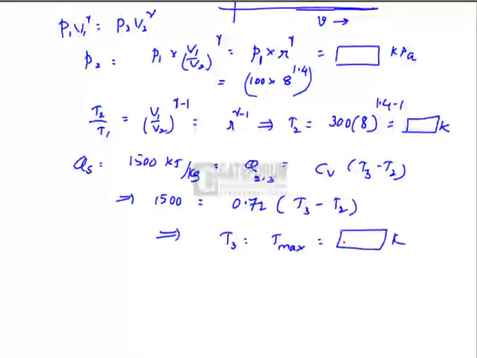The blocks could be easily filled up by knowing the T2, because T2 was already calculated. Substitute the T2 value, we can calculate the T3 also, or T max.